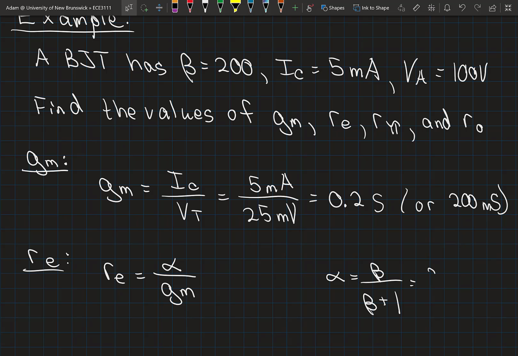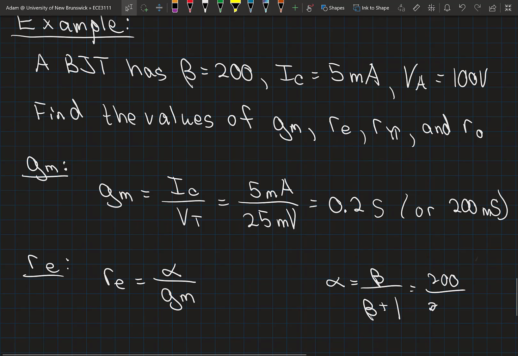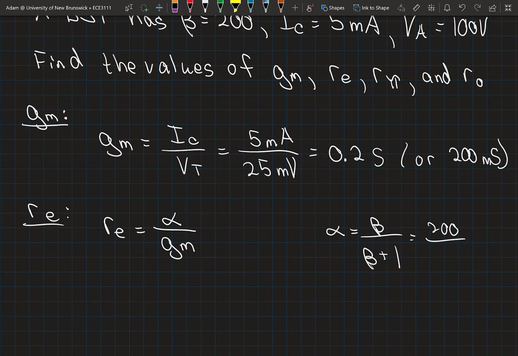In this case, this ends up being 200 over 201. So our beta value is large enough that we can pretty well treat alpha as approximately equal to 1. This means our RE is therefore equal to 5 ohms.